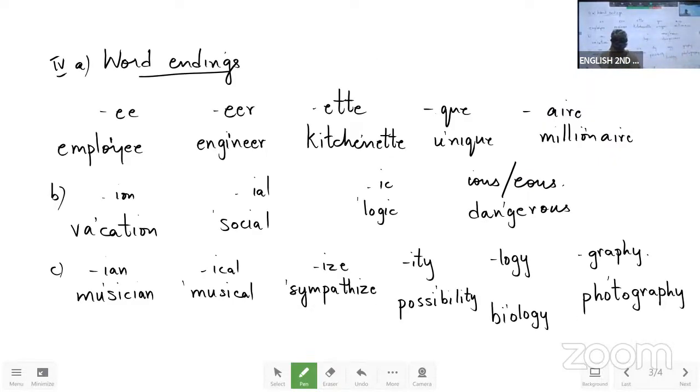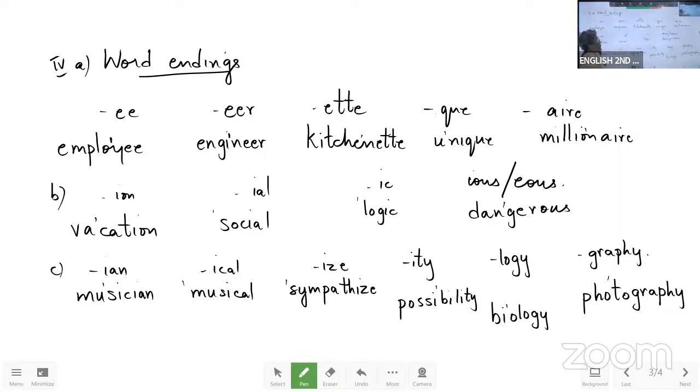This is very important, children, because this is the best way that you can learn and write the word endings, because here there is no exception. The only thing is you have to learn the word endings by heart. Like the first ones are EE, EER, ETTE, QUE, AIR.